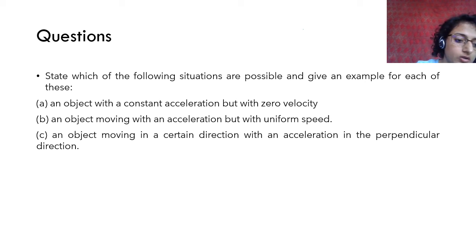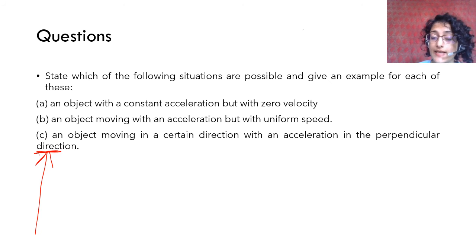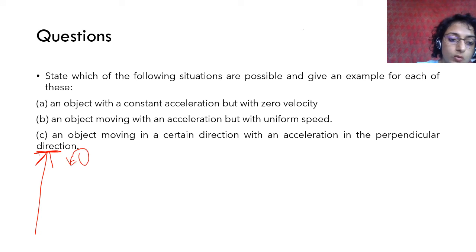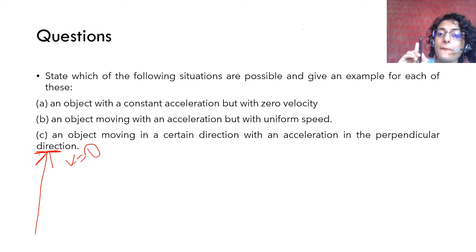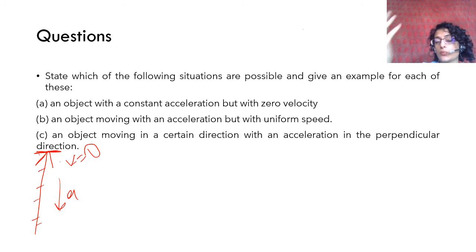So if we throw an object upward, at the topmost point, the maximum height that it reaches before it starts to come down, the velocity becomes zero. Okay, but at every single point here, the acceleration is in the downward direction due to gravity. Acceleration due to gravity is pulling it downwards.